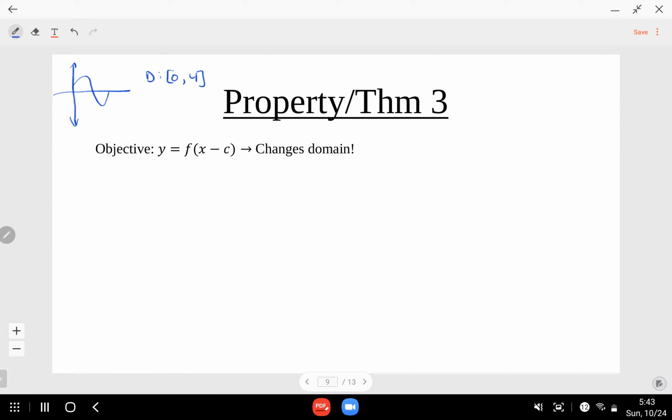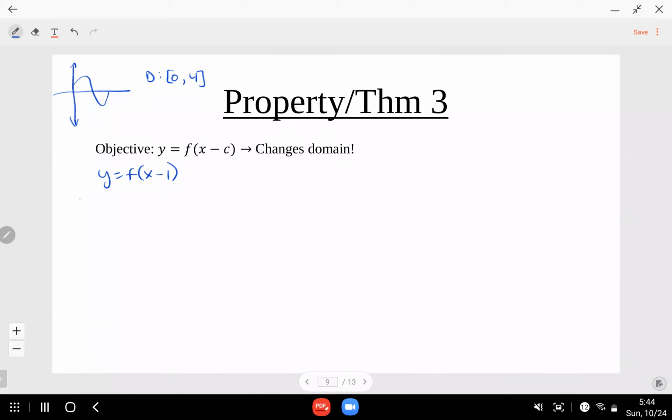Now, what would happen if we subtracted c? Let's not sketch that, that'll take too long. Let's check y equals f of x minus 1. How would that change? If you were to find the domain of f of x minus 1, how would you do that?